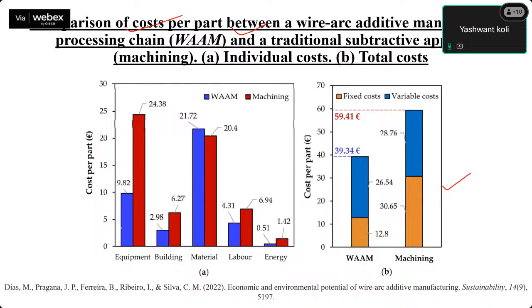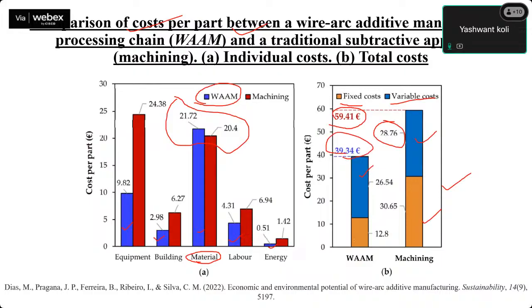You can see here equipment, building, labor, and energy are all very less in VAM, but material is very expensive in both VAM and machining. And compared to this fixed cost and variable cost, you can see 59.41 euros. That is for machining, variable cost, and this is the fixed cost. You can see here additive, this is the fabrication cost, and this is the fixed cost.